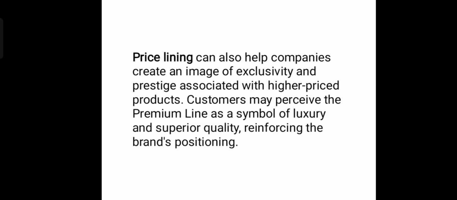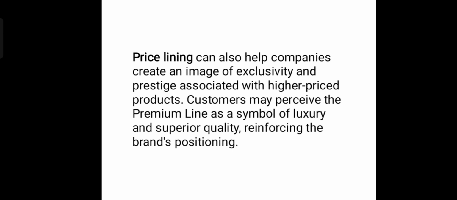And on the next slide, price lining can also help companies create an image of exclusivity and prestige associated with higher priced products. Customers may perceive the premium line as a symbol of luxury and superior quality, reinforcing the brand's positioning.